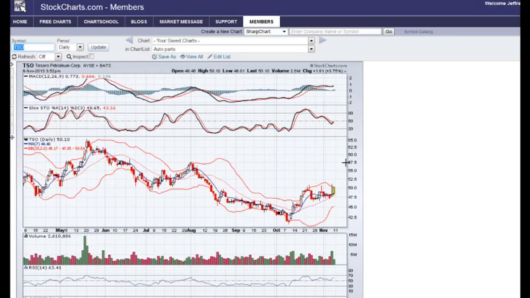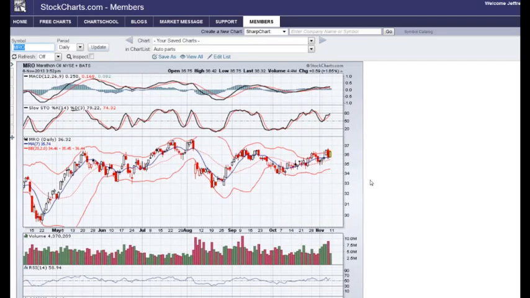Same thing with Marathon. Marathon broke 36 two days ago, with yesterday's selling broke back below 36, and today closed above 36. If we see a little strength come into Marathon Monday morning, playing this breakout would be very bullish. So for me, Marathon and Tesoro are kind of the top two upside plays that have potential Monday if we see a little bit of strength come in Monday morning.